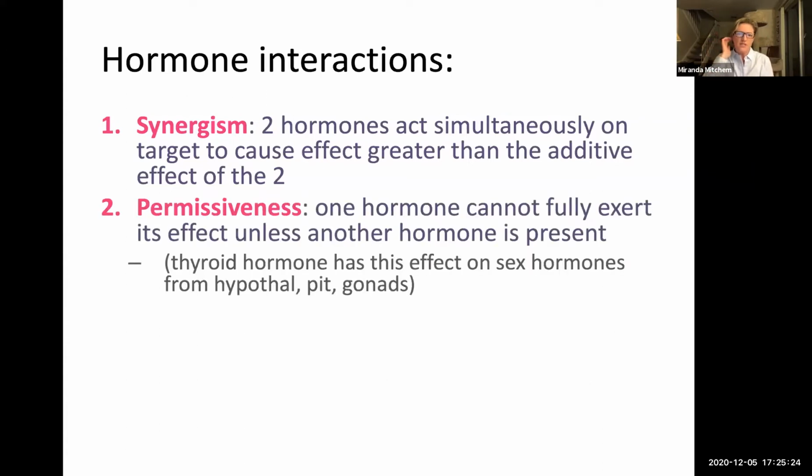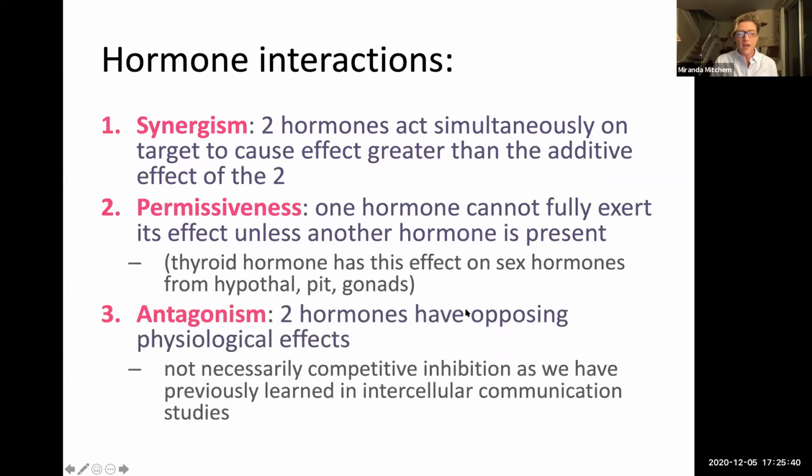There's also permissiveness, and this means that one hormone is not able to fully work unless another hormone is present. So the thyroid hormone has a permissive effect on the sex hormones. And then finally, we have antagonism, and this is when 2 hormones have opposite effects.